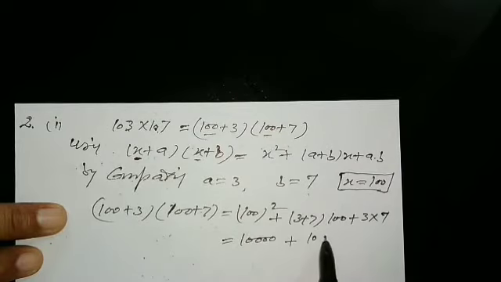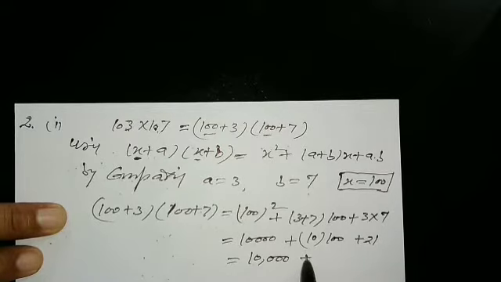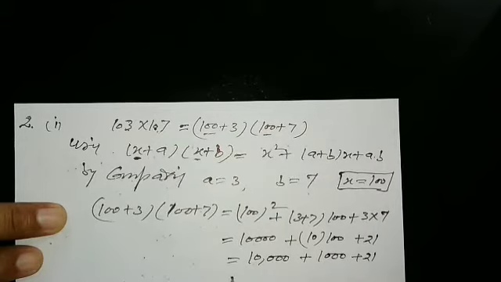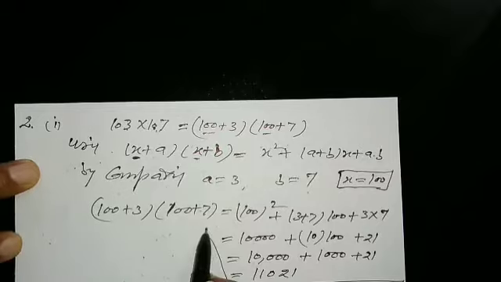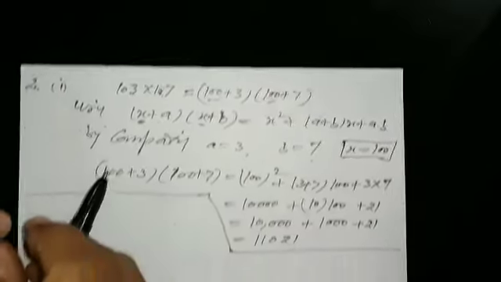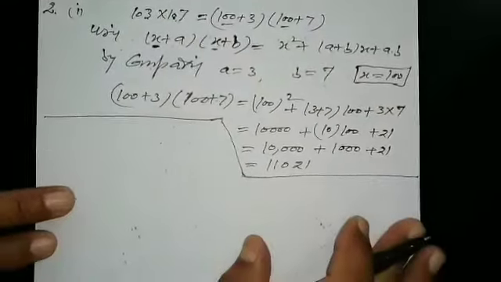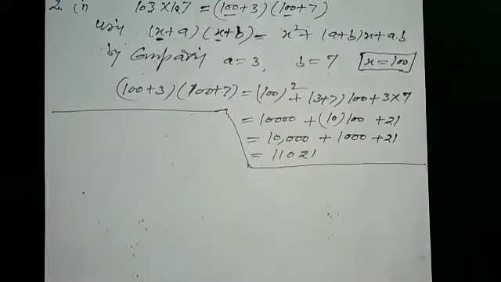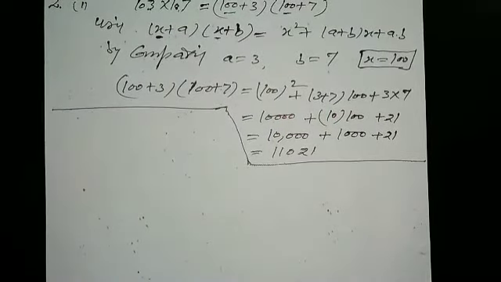This is 10 into 100, this is 1,000, and this is 21. This is 10,000, this is 1,000, this is 21. This is 11,000, this is 21. You will get 11,021. Okay, very easy, and I think the point is clear.